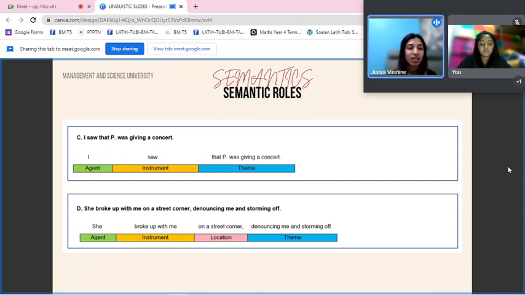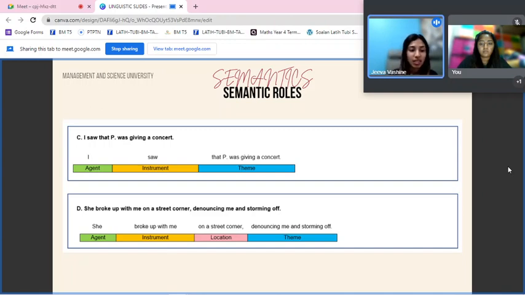So from here, in one sentence we saw I is an agent. So instrument is what the agent uses in performing an action. In the first sentence we saw an instrument, and also for the theme we have given that P was giving a concert.